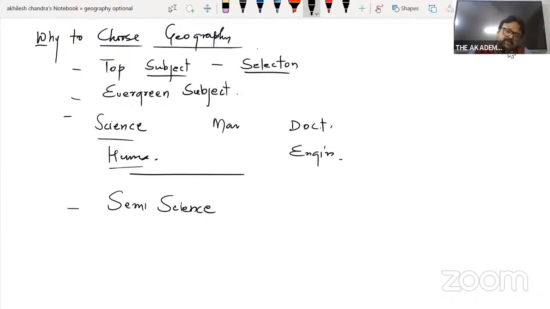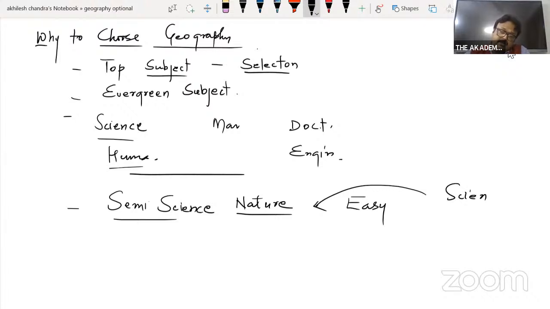Semi-science nature attracts the scientific community, students from science, because there is a systematic understanding and a concept of natural science involved, and hence studying it from that perspective is going to be easy for science students.